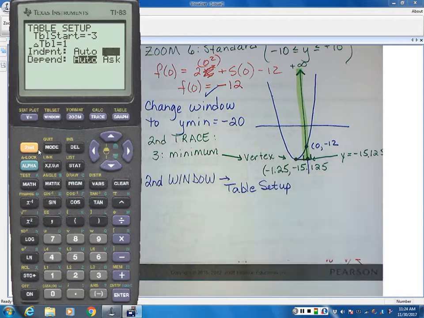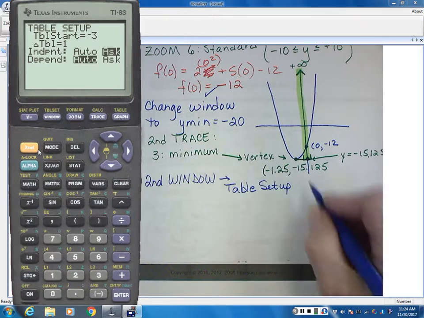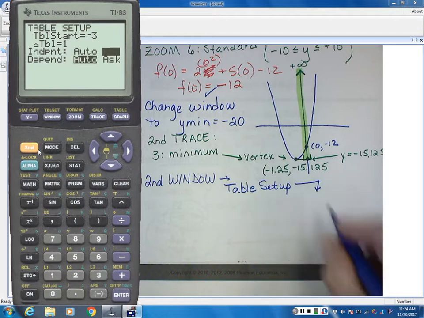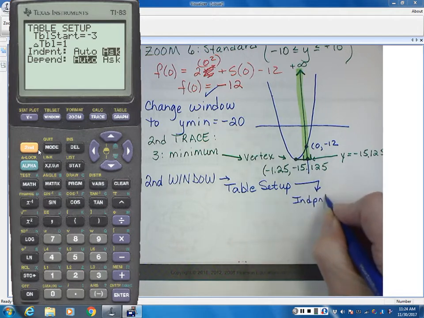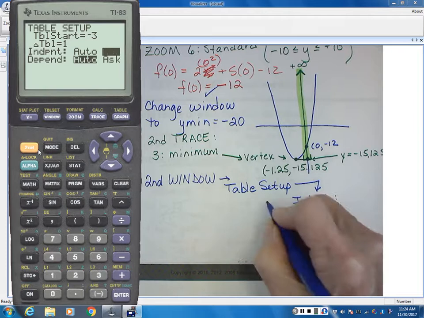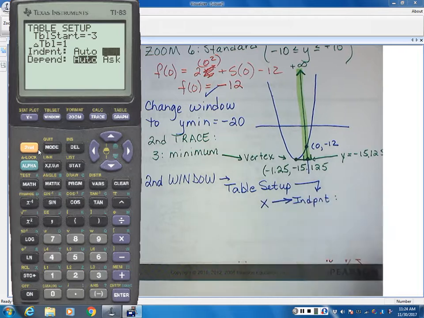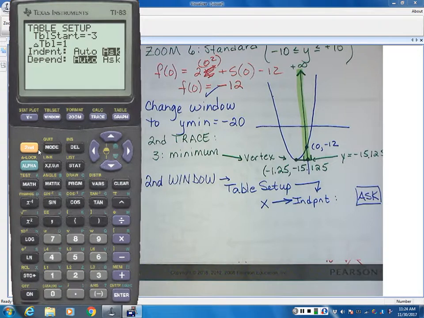So first you go to table setup, and you go down and change independent, which is your X, from auto to ask. Because you want to be able to tell it what X values you want to see. Okay? So we're going to go for ask.